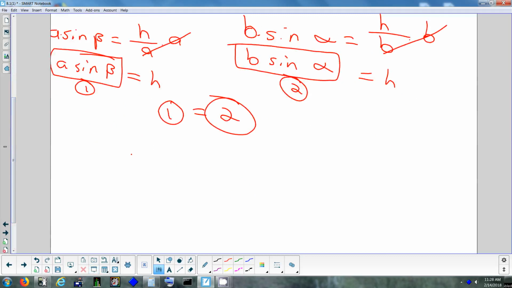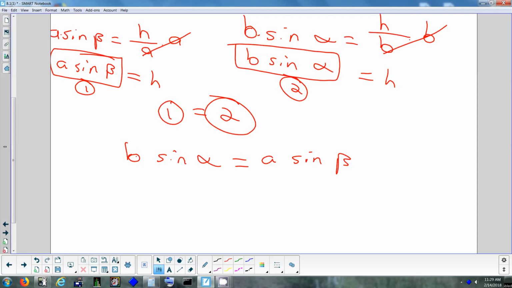So I'm going to put b sine alpha. It doesn't matter if you write box 1 equals box 2 or box 2 equals box 1. It's the same thing. So that's box 2 equals box 1. B sine alpha equals A sine beta. And the way the book usually writes the law of sines is they put B on the other side.